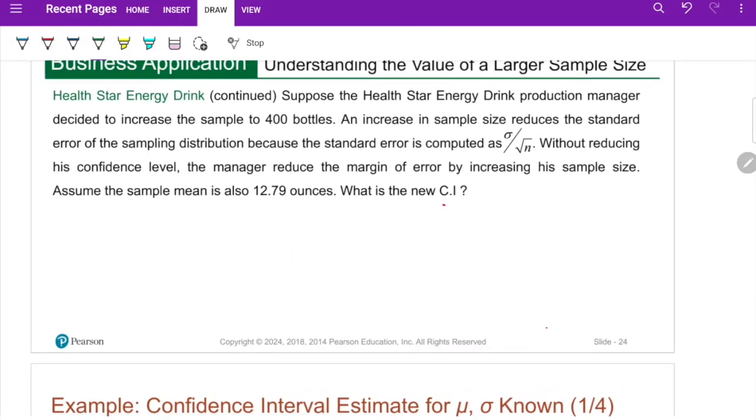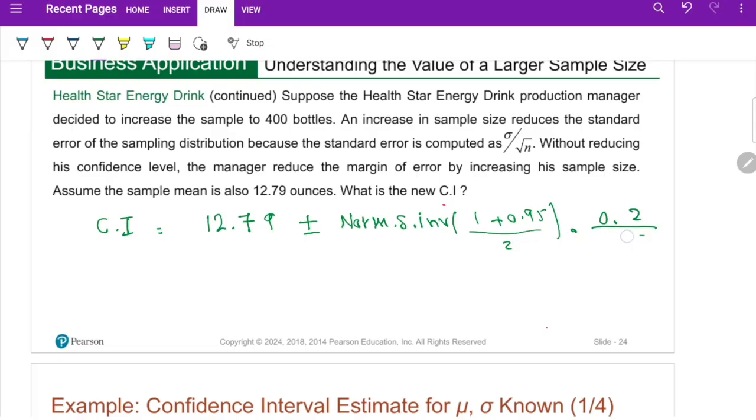And if you plug in all of these numbers, the confidence interval is 12.79 plus or minus norm.s.inv of 1 plus 95% over 2, times 0.2 divided by the square root of 400. So what we get is 12.79 plus minus 0.02.